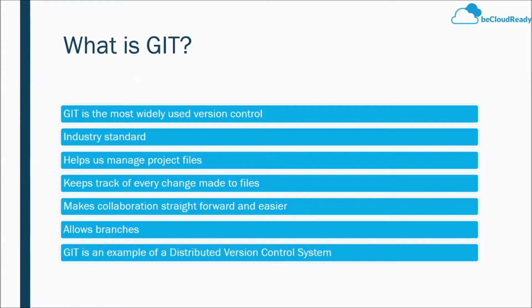You will be able to keep track of any changes you made, and they will be documented so you will never forget, even years down the road when you don't remember what you coded. Collaboration becomes much easier, as it's much better than sending zip files to colleagues and friends. Another really cool feature about Git is the ability to branch, and we'll talk more about this in a couple of videos.